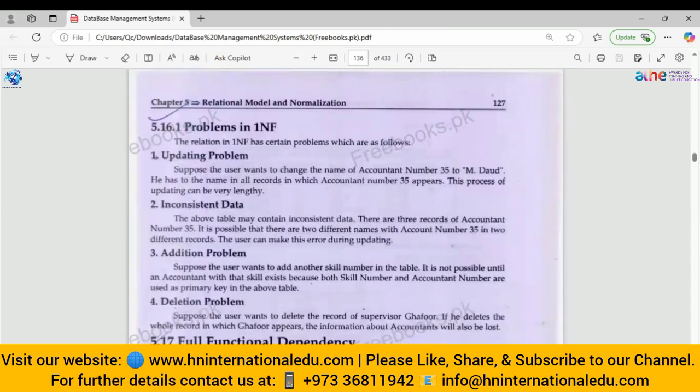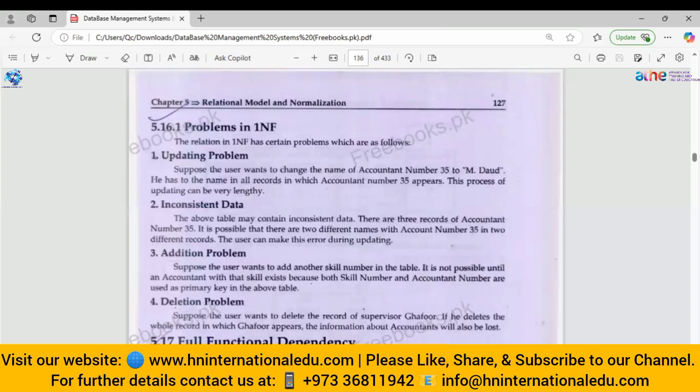The 35 appears in different records, so the updating can be very lengthy and time consuming. It can also generate inconsistent data. We have seen that the accountant number 35 is repeating at three places. What if we change the name at two places and forget to change it at the third place? It can produce inconsistent data.